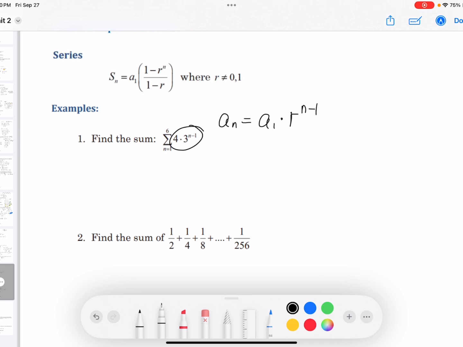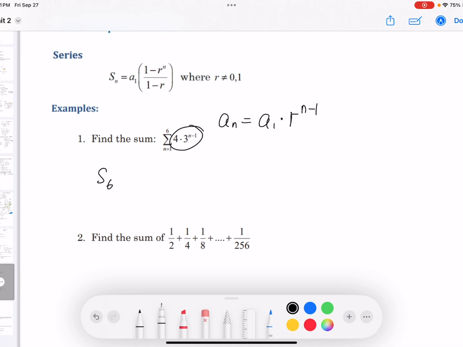Yes, a sub 1 is 4 and r is 3. I can tell this is a geometric sequence or geometric series. Okay, so how to find the S sub 6?